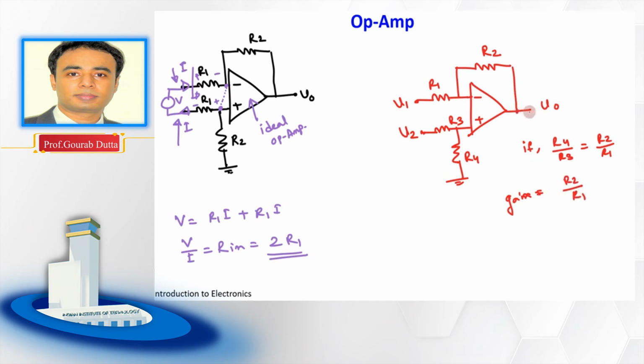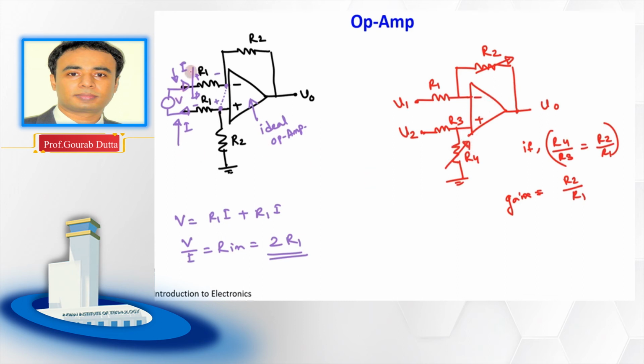So this output voltage depends on the value of this R2 by R1. Suppose now you are planning to increase the gain, then you have to change this R2, right? But whenever you are changing this R2, to keep this condition intact, you need to also change this R4. So that means simultaneously the two resistance values you have to change, right?